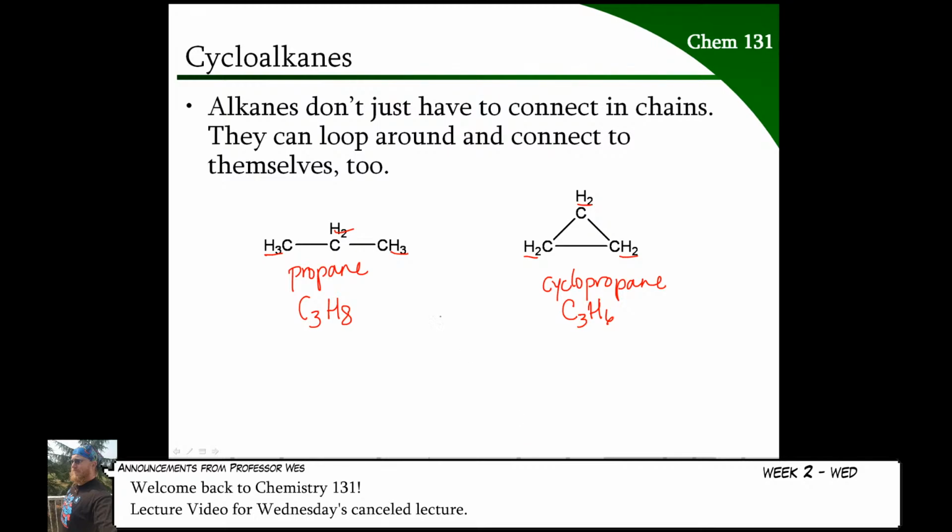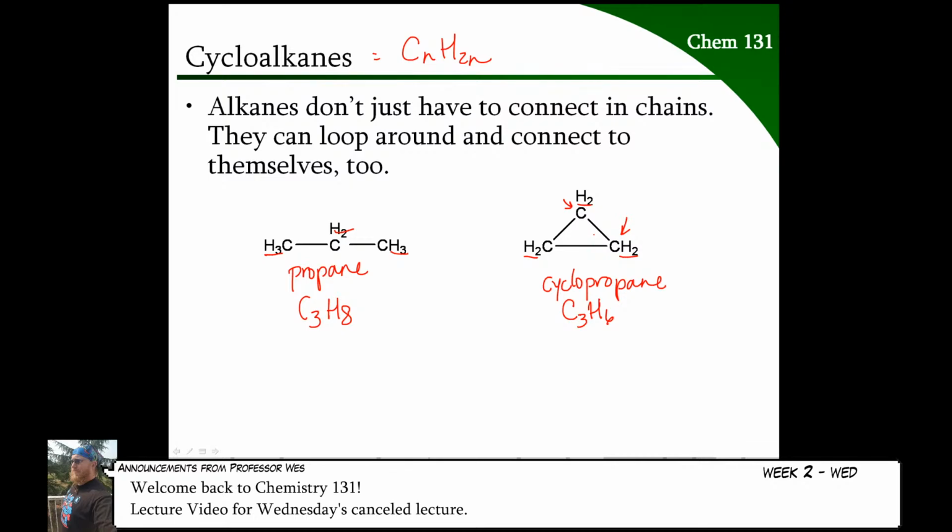So the formula for cycloalkanes is this, CnH2n. The reason that there are fewer hydrogens is because I have used one of the bonds on this carbon and one of the bonds on this carbon to create a connection between the 2 carbons.